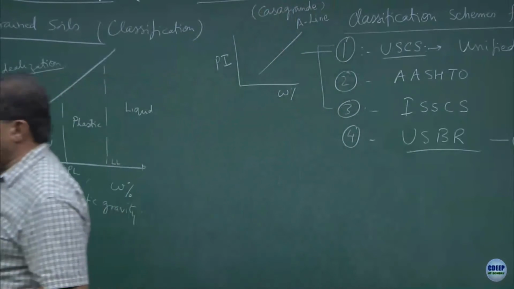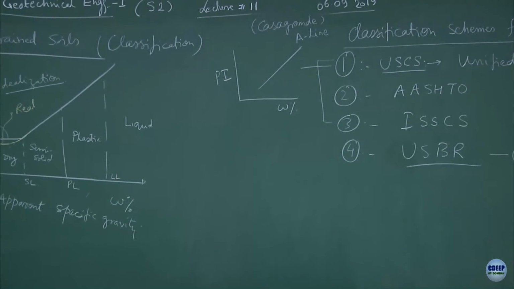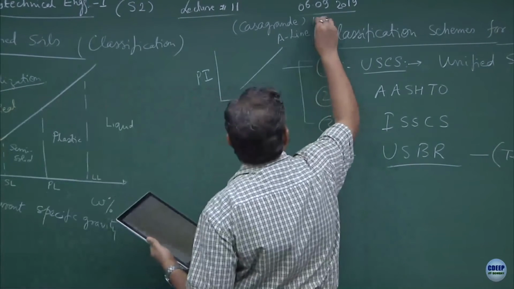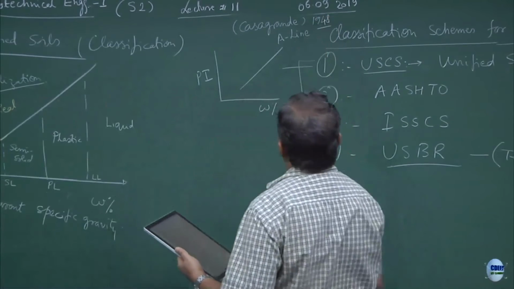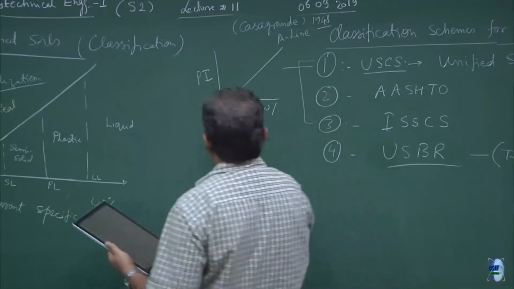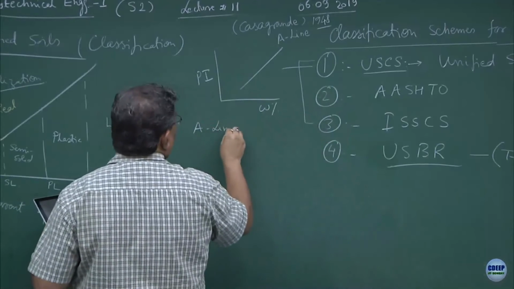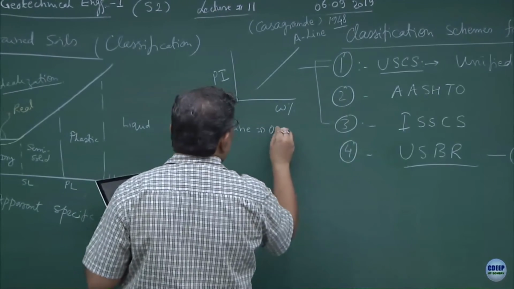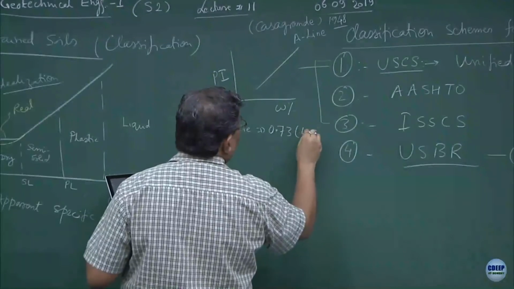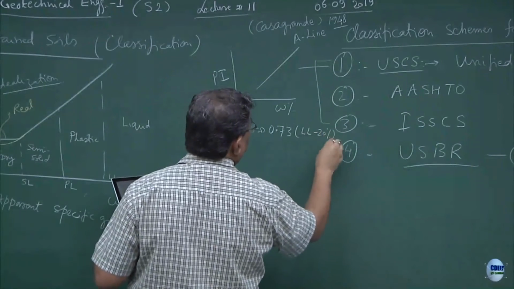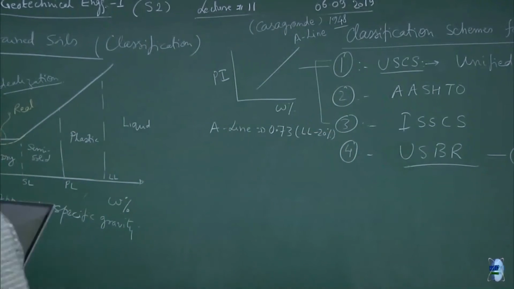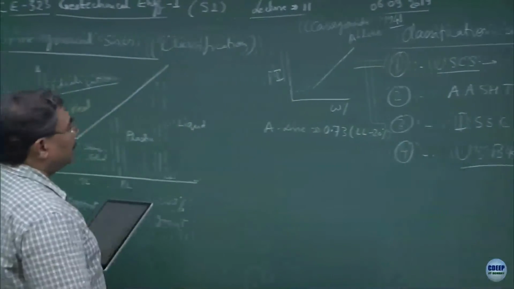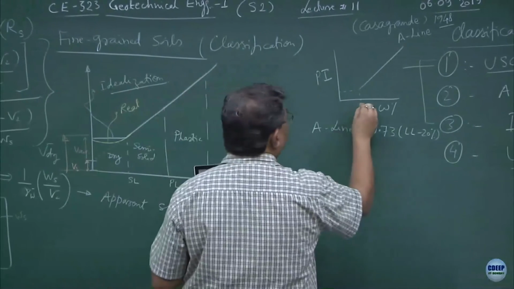He is the guy who innovated this, Arthur Casagrande, all right, 1948. And the equation for this A line is 0.73 times liquid limit minus 20%. So, that means this line starts from, there is a break over here, I will show you. So, this starts from 20%.